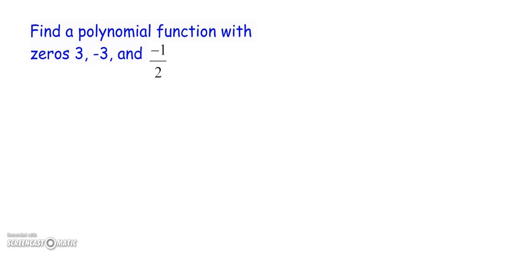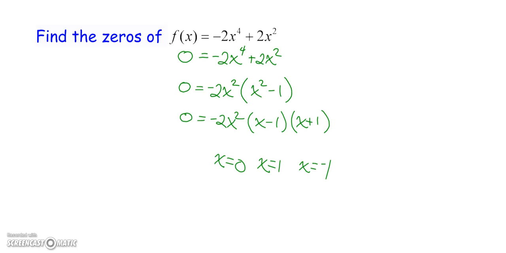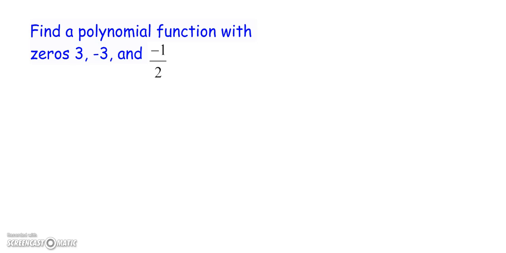All right, so here I'm asking you to think about the problem backwards. Here I'm going to give you the zeros. I want to know what is the polynomial function with these zeros. This relates back to the last slide. 1 was a 0. What was its factor? X minus 1. Well, if I take that information to the very next slide, 3 is a 0.